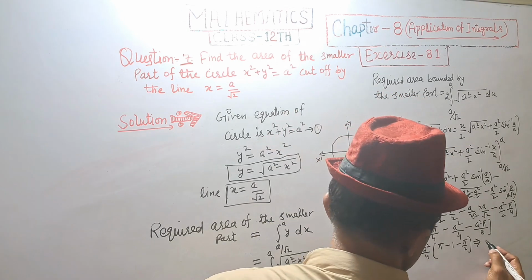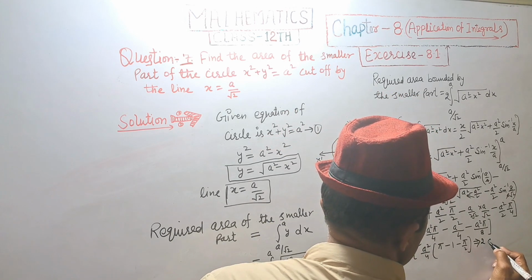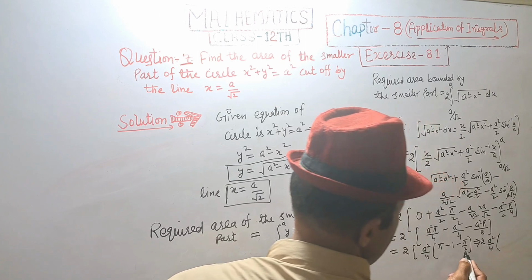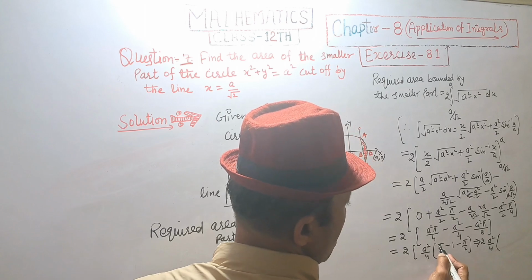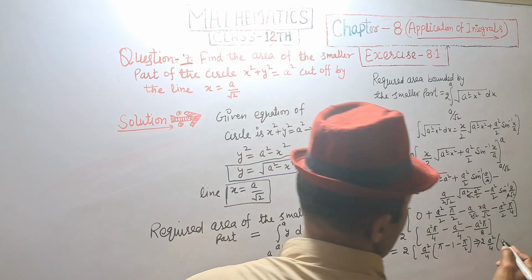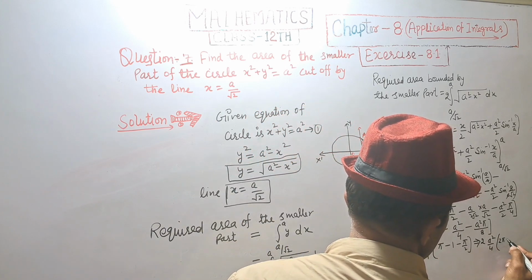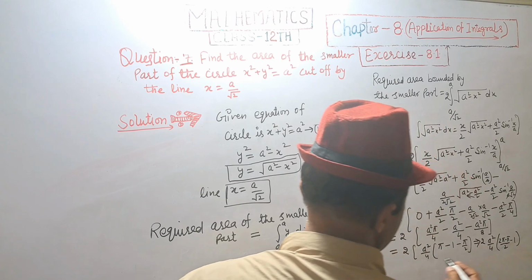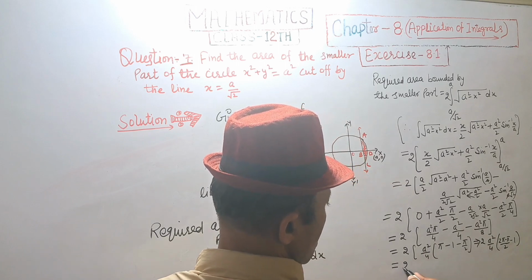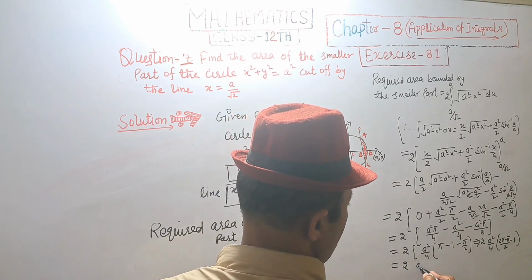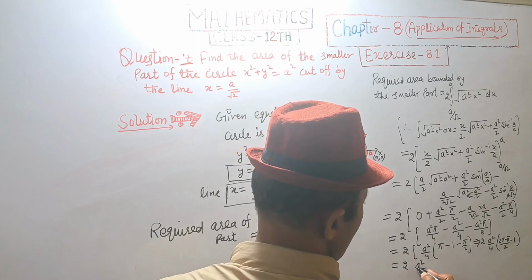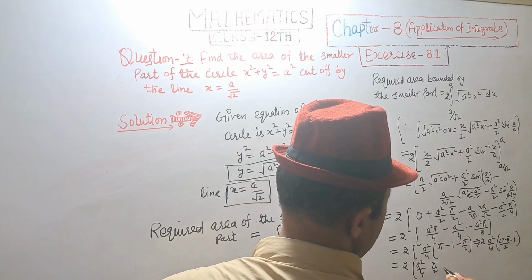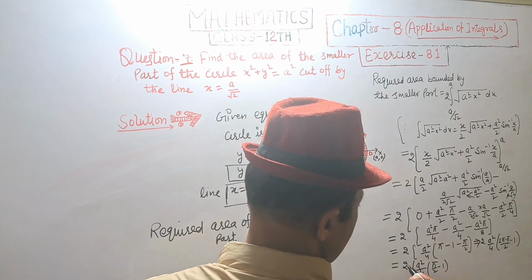which implies 2 into a square upon 4 and in bracket 2 pi minus pi upon 2 minus 1 is equal to 2 into a square upon 4 and in bracket pi upon 2 minus 1.